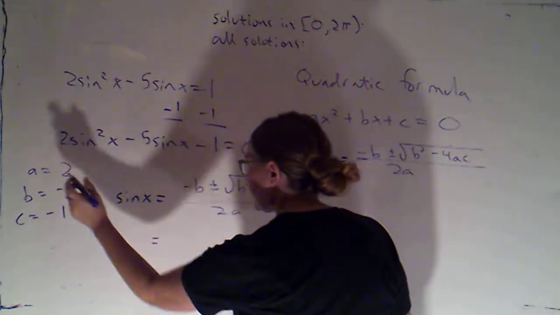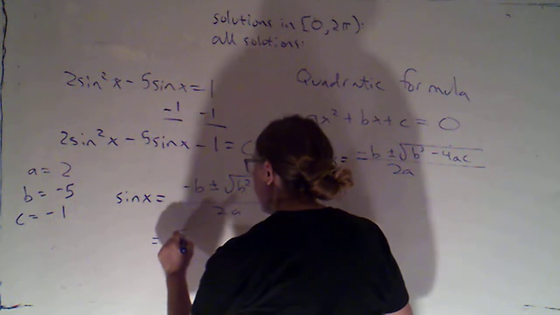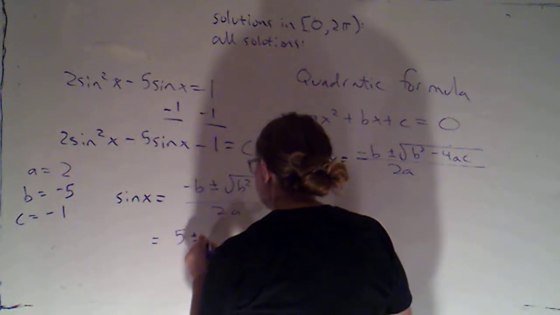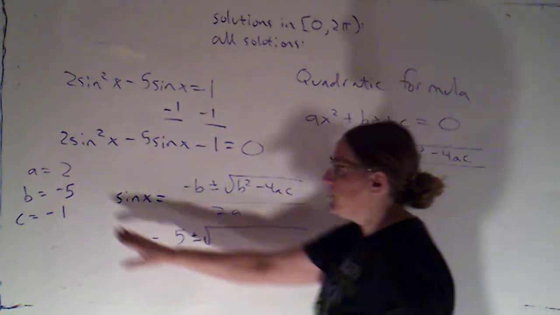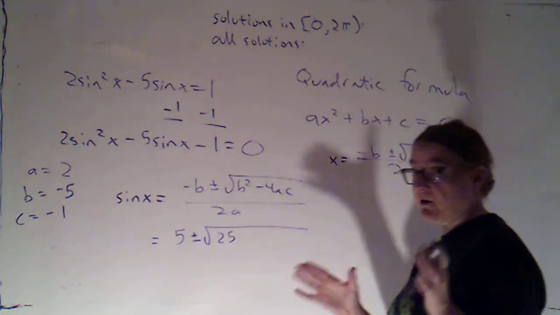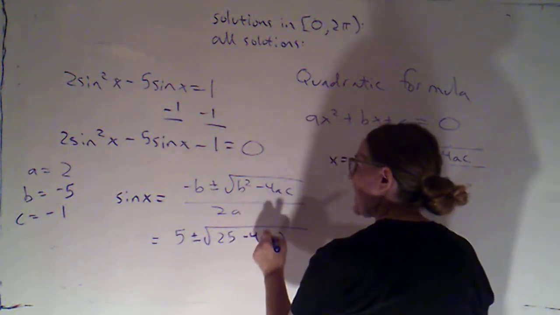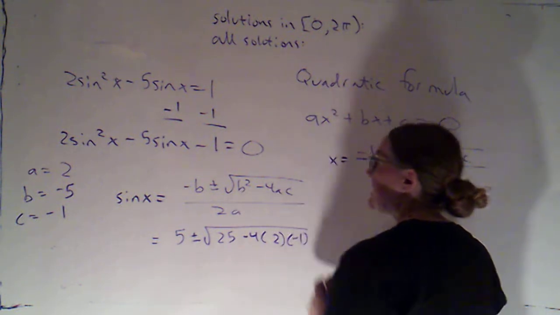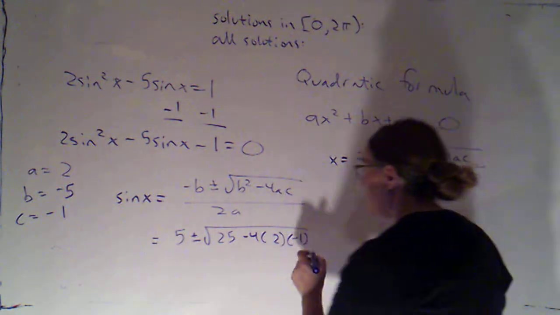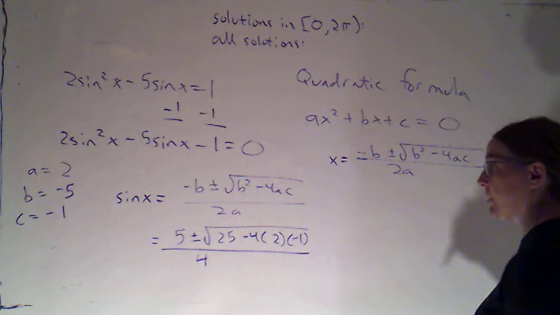Okay, so now I'm just plugging in these numbers. If b was negative 5, the opposite of b is positive 5, plus or minus the square root of negative 5 squared, which is positive 25, because when you square a negative, it becomes positive. Minus 4 times 2 times negative 1, all divided by 2 times a, which is 2 times 2, so 4.